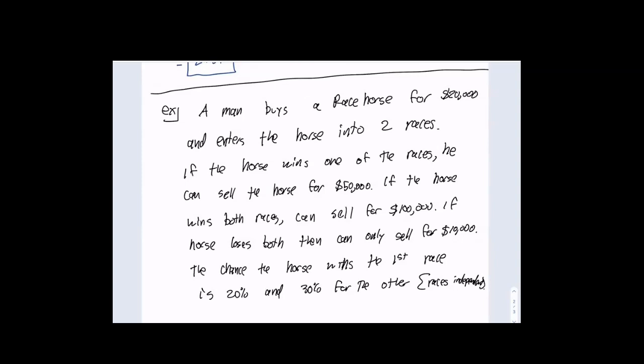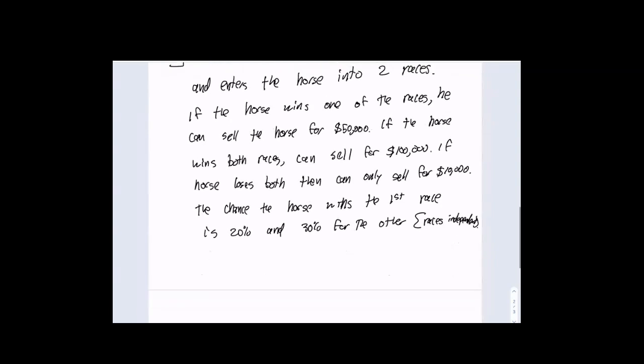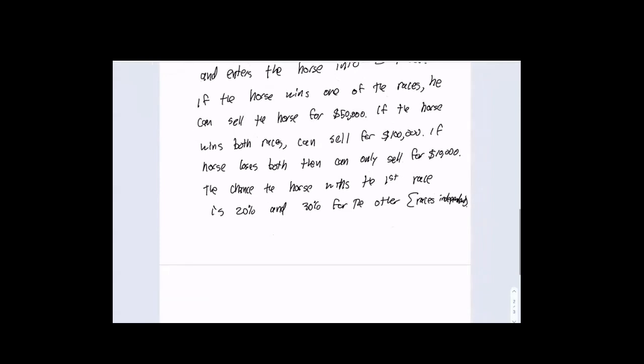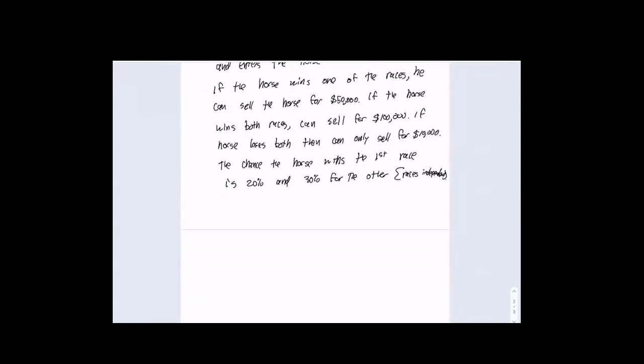So what we have here is a problem like the problems before where we have a tree diagram or a two-way table. This problem kind of requires us to do things. So we have the first race where he can win or lose it, and the probabilities are 0.2 that he wins and 0.8 that he loses.